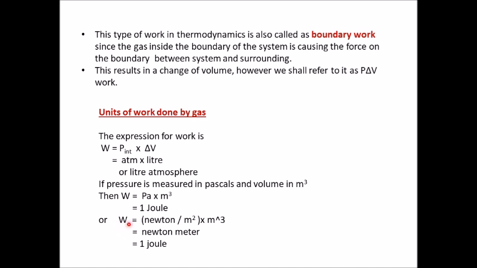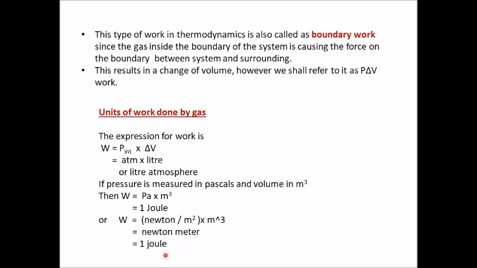Or W, that is the work done, is also equal to force into displacement, and here force is nothing but pressure into the volume. So, pressure is Newton per meter square into volume is meter cube, that is meter square and meter cube, it reduces to just meter, and we have 1 Newton meter as the unit of work.